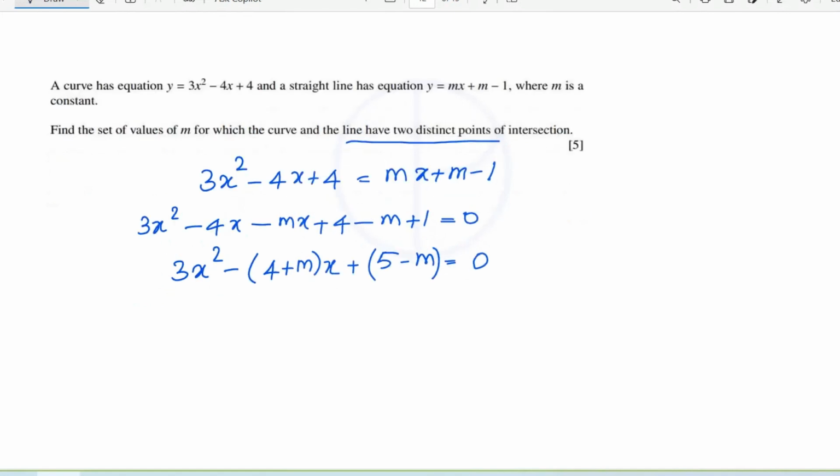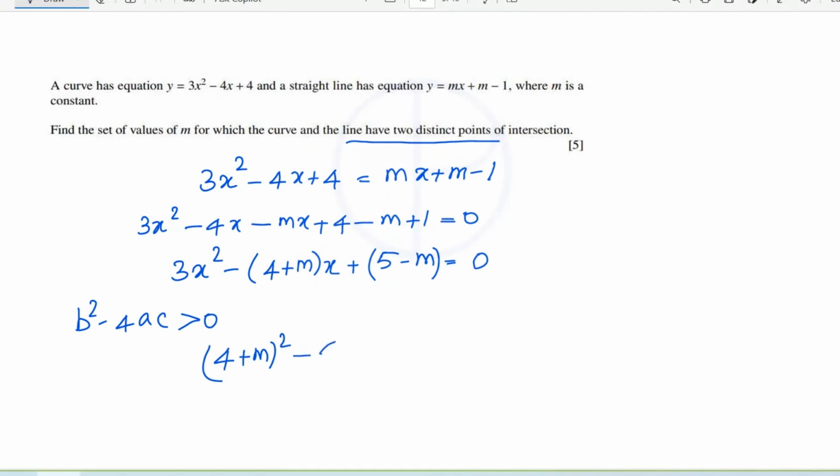It's given the curve and the line have two distinct points of intersection, so b squared minus 4ac is greater than 0. What is b squared? b is negative (4 plus m), so we can write this as (4 plus m) the whole squared. Negative squared will become positive.